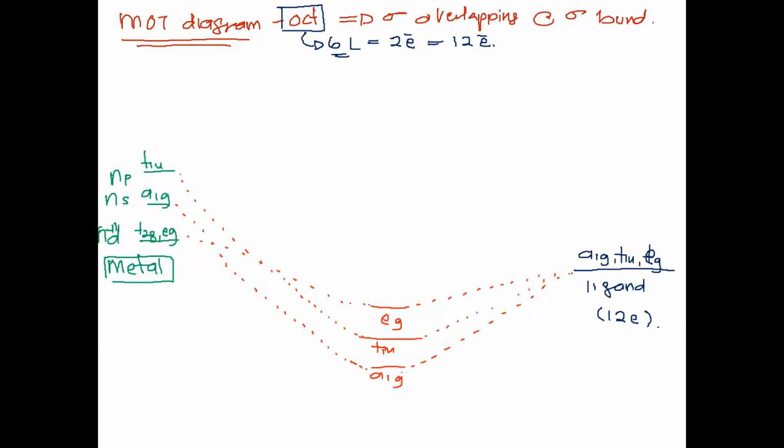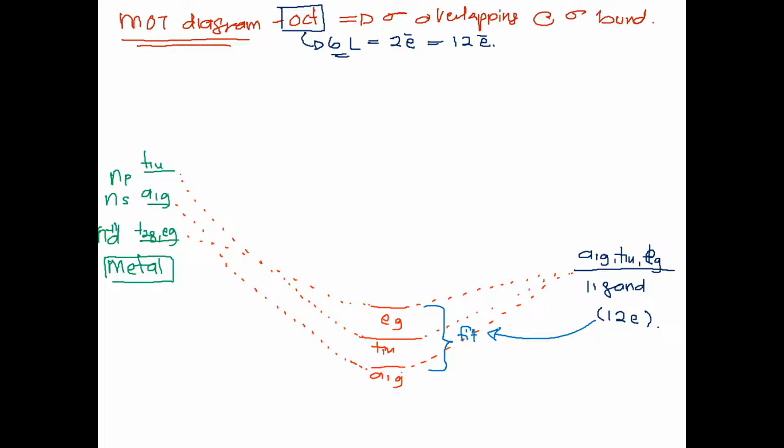Okay, so these 3 energy levels will fit their electrons from the ligand first. So the ligands will fill all the 6 orbitals in this energy level.